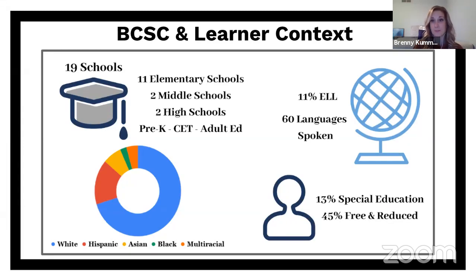We're a pretty diverse community: 11% ELL, 60 languages spoken throughout our district, and 36 different ones spoken in 1 elementary school alone. 13% of our students are special education students, and 45% are free and reduced. From a technology standpoint, 70% of our students have reliable internet access at home, 20% kind of reliable, and 10% don't have any type of internet access at home.